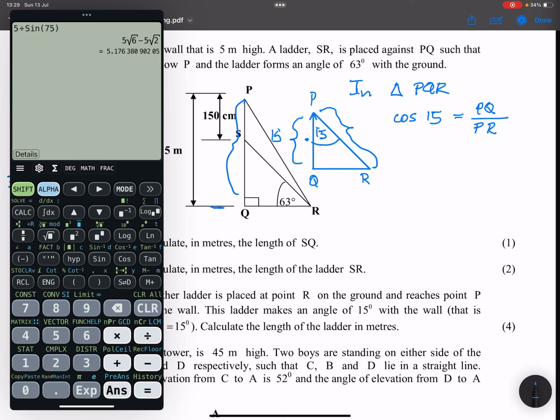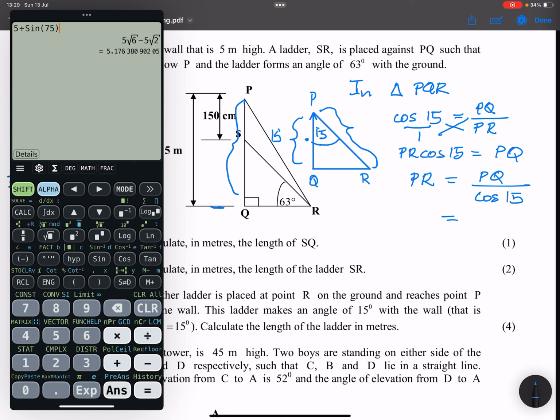And so again, if we cross multiply, PR cos 15 is equal to PQ times 1, that's PQ. And so that means that PR would be PQ divided by cosine of 15.